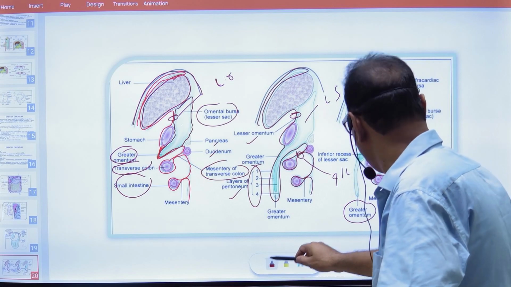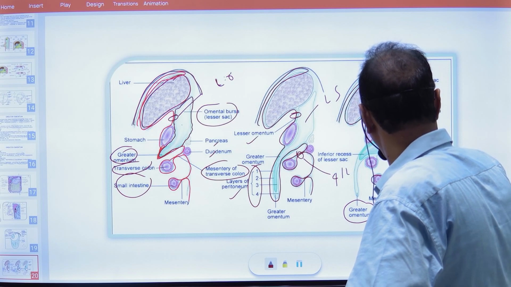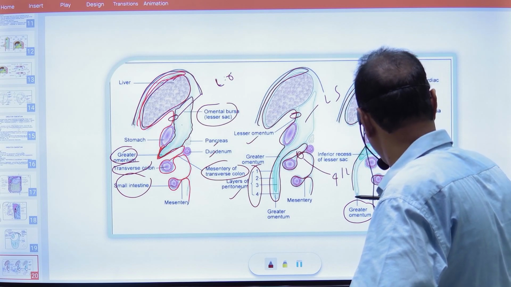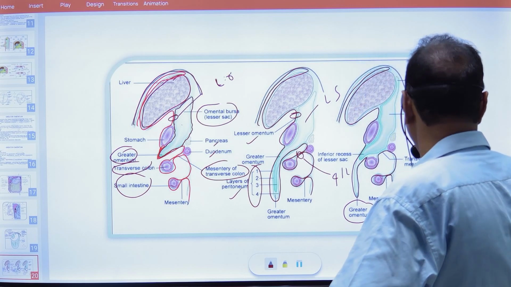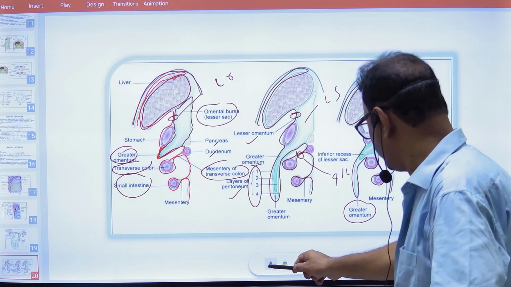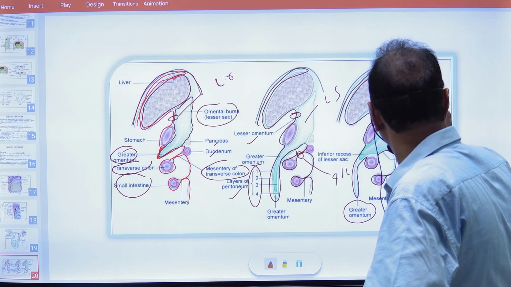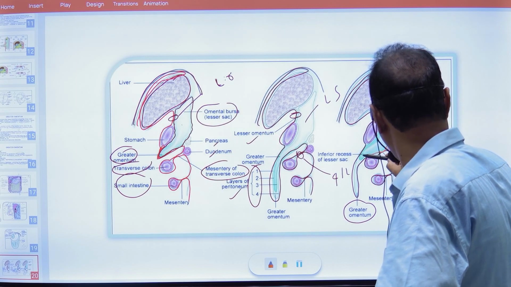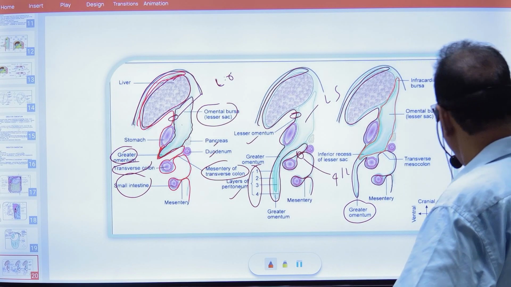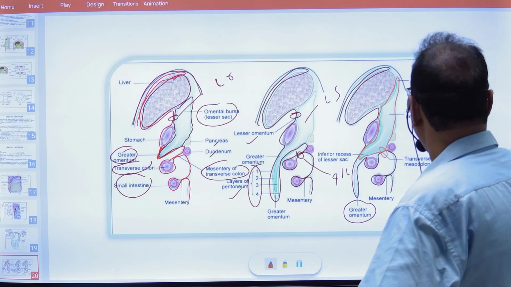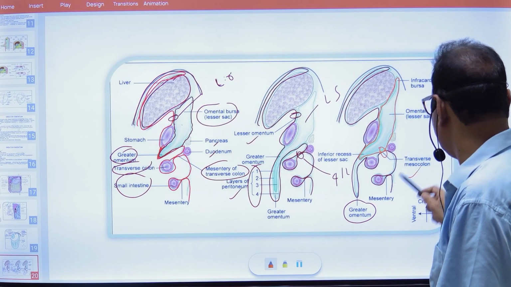Later on, you see this is the first layer, which is coming like this, and it continues like this. Next we have the second layer, becoming the third layer, and it is completing the circle like this. It is the second layer, third layer, and fourth layer which is forming the transverse mesocolon over here.